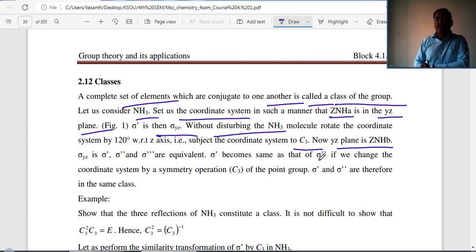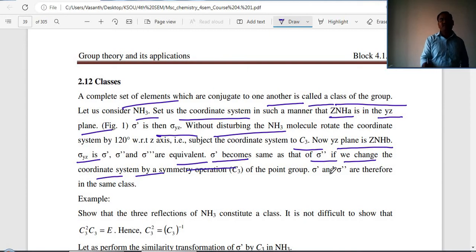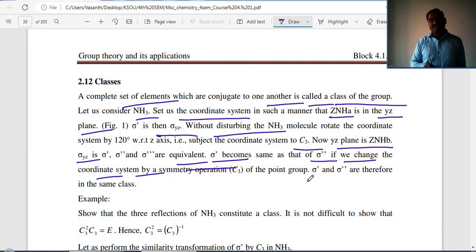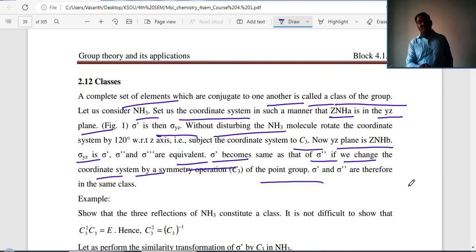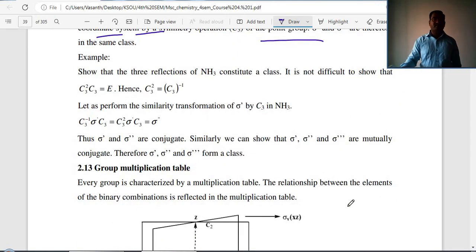Now the YZ plane is NHB. Sigma, sigma dash, sigma double dash, sigma triple dash are equivalent. Sigma becomes the same as sigma dash if we change the coordinate system by symmetry operations of the point group. Sigma dash and sigma double dash are therefore in the same class.